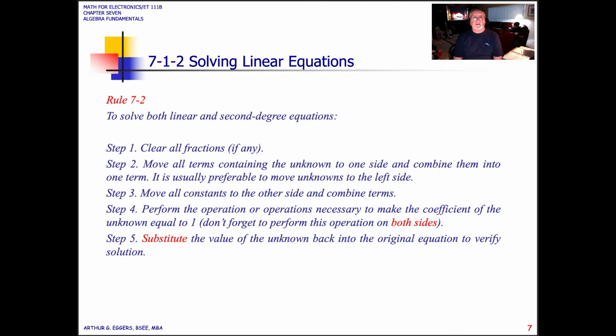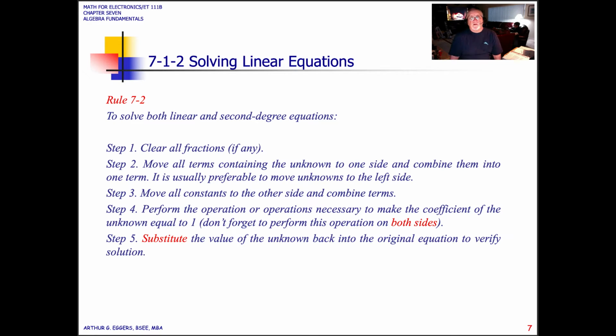The next rule says to solve for both linear and second degree equations, there's a 5-step process. First, clear any fractions from the expressions. 2, move all terms containing an unknown to one side and combine them into one term. It's usually preferable to move the unknowns to the left side of the equation. 3, move all constants to the other side and combine terms.